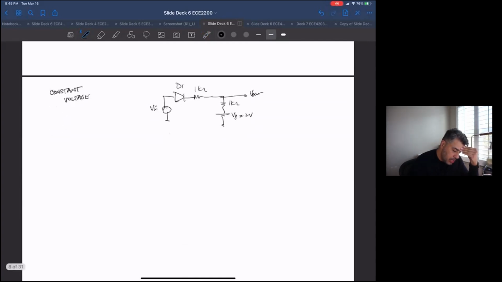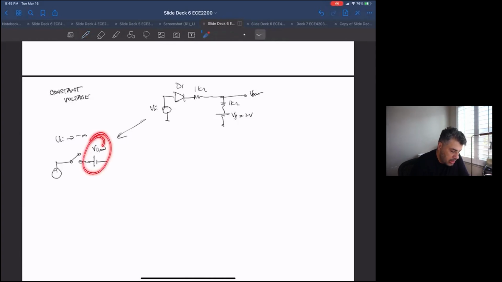Okay. So again, Vn at minus infinity. This is going to look like an open circuit. There's the diode VD on, but because this side of VD on is open, you're not really going to see the VD on, but I drew it there anyway.